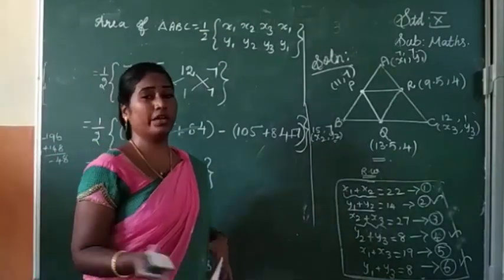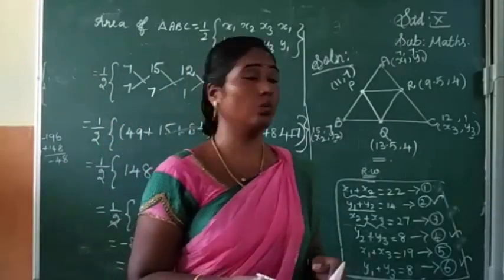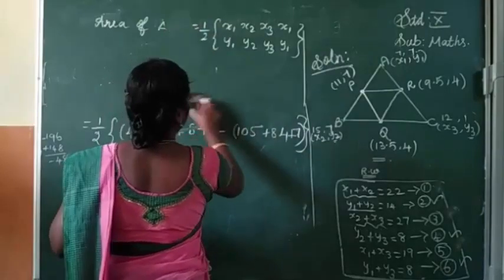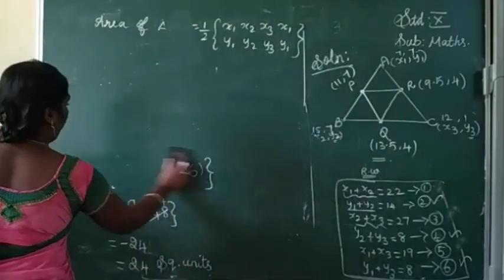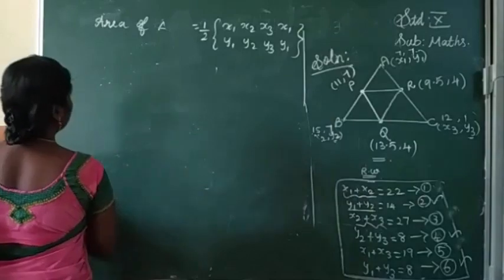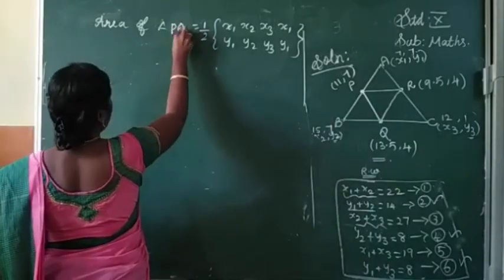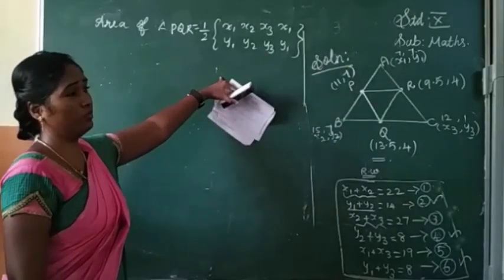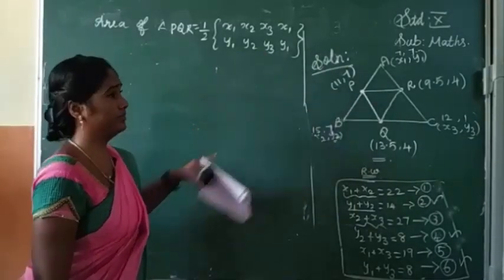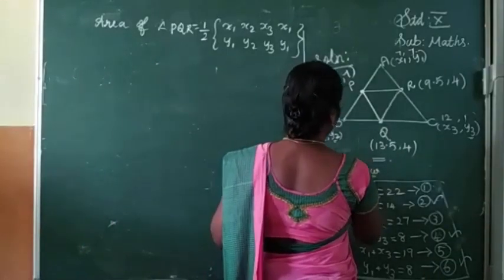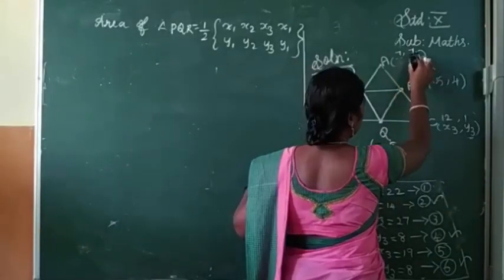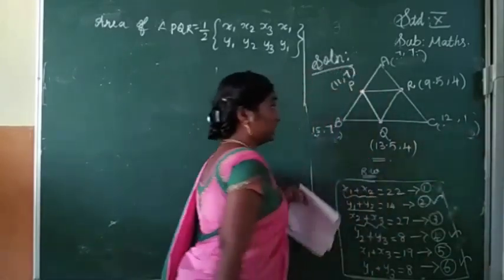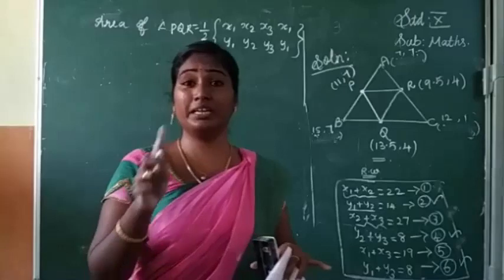Next, we are going to find the area of triangle PQR. So write area of triangle PQR, same formula only. Half into x1, x2, x3, x1, y1, y2, y3, y1. See here, you just arrange that x1, y1, x2, y2, x3, y3, because now we are going to find the area of triangle PQR.